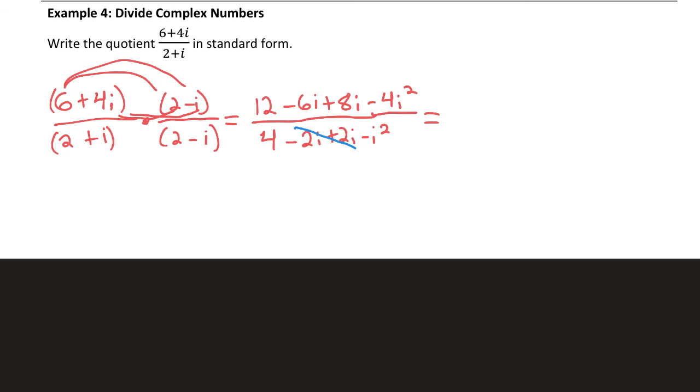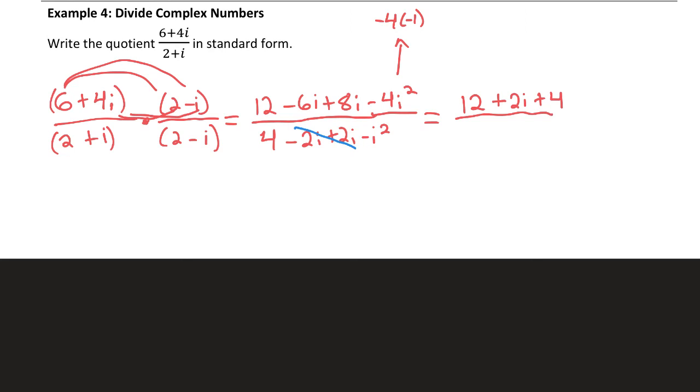So the top becomes 12 plus 2i, and then negative 4i squared is like negative 4 times negative 1. So this is really like plus 4. Remember, i squared is negative 1, so that becomes positive 4.